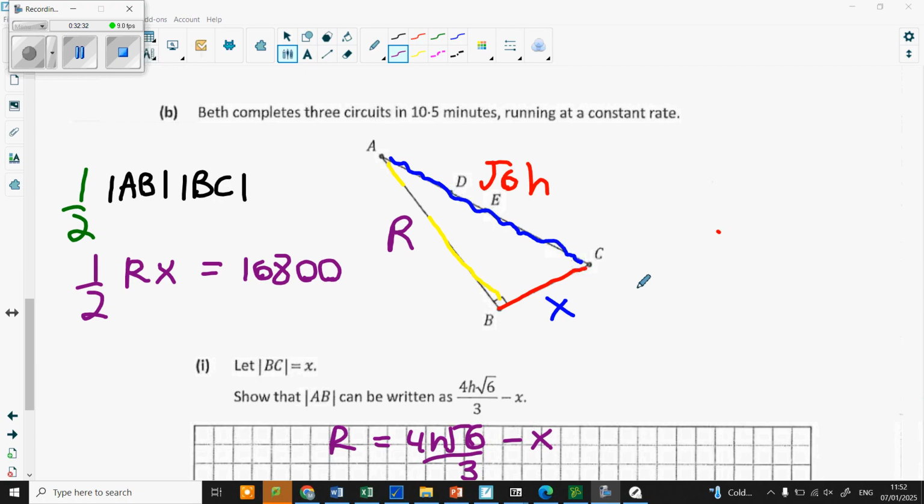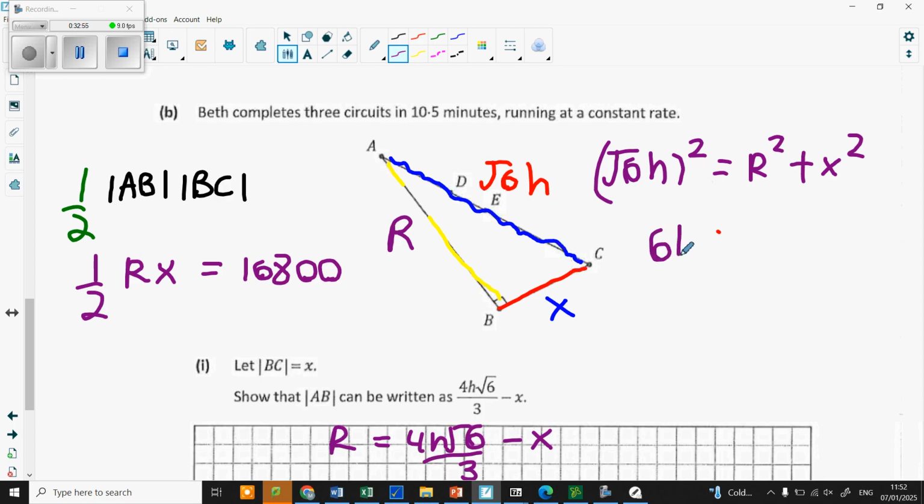And what I'm thinking next is, why don't I get rid of one of the letters? Too many letters at the moment. Let's just sub out R for this. That means I'm going to have to square this thing, haven't I? You sure you want me to continue?